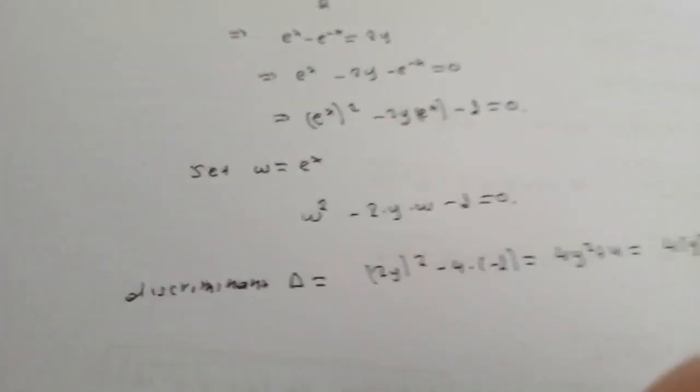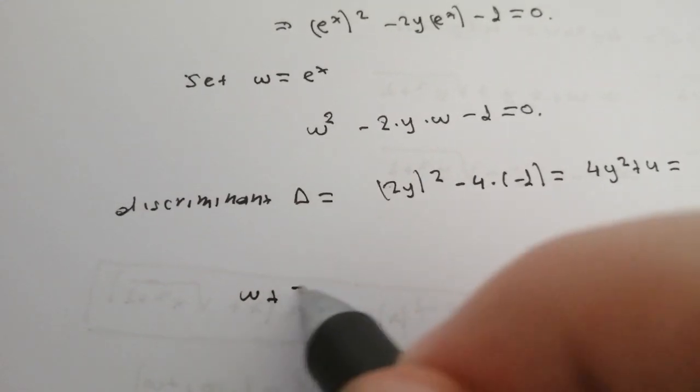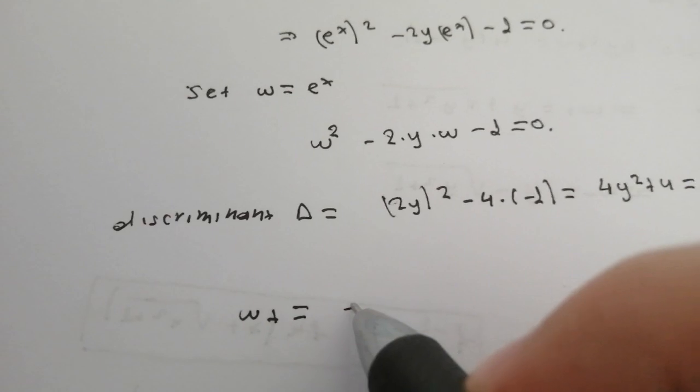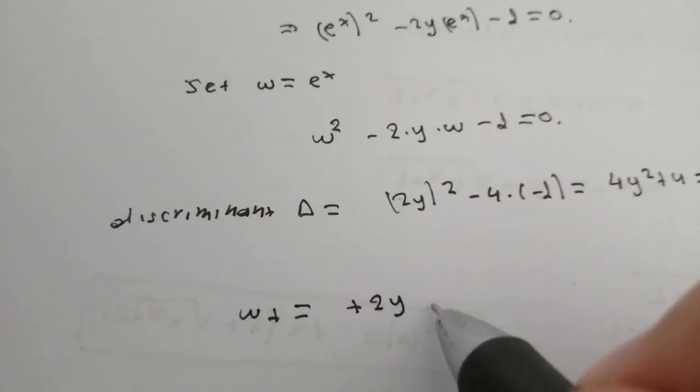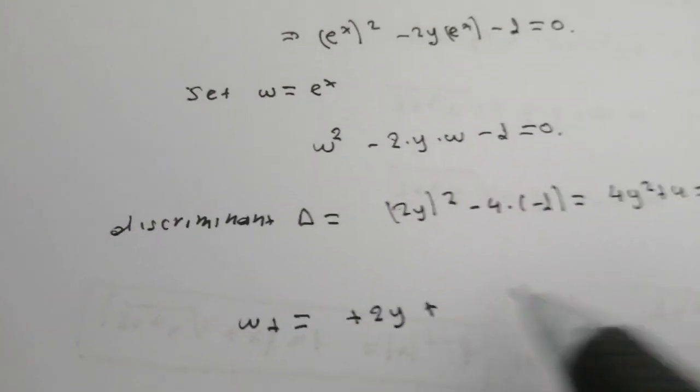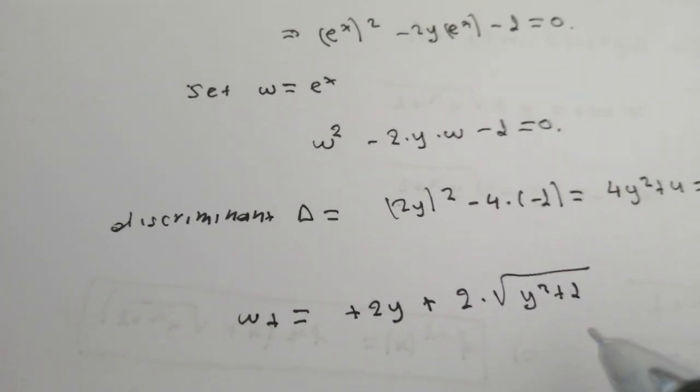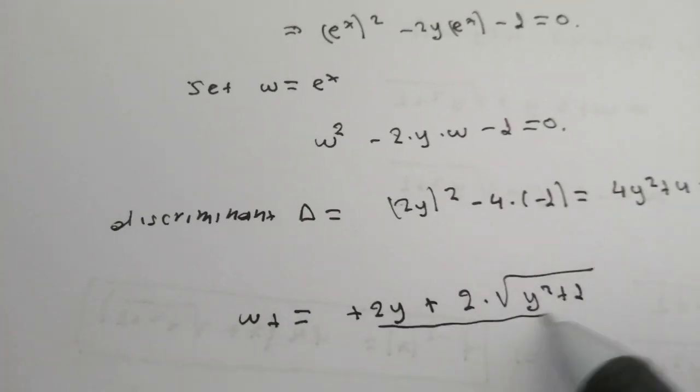So the two roots, let's say omega plus is minus 2y, so it's plus 2y plus the square root of the discriminant, 2 times square root y squared plus 1, over 2.